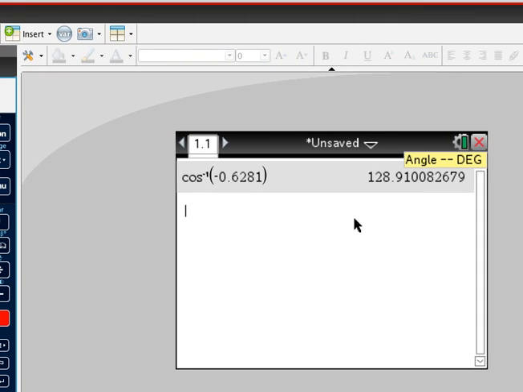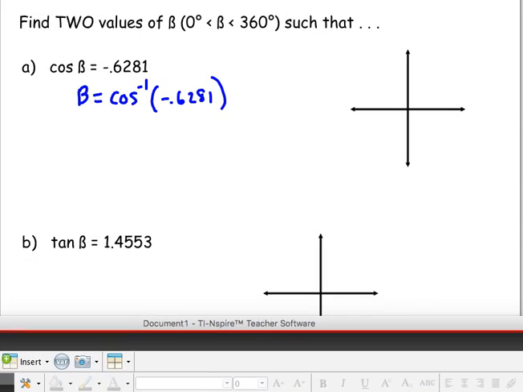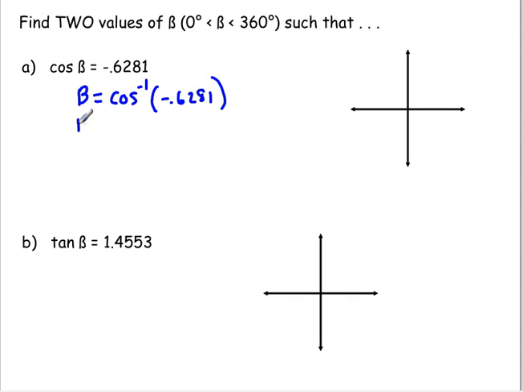So 128.91, this is in degrees, 128.91 degrees. Okay, that's one of the answers, but we have to find the second answer.